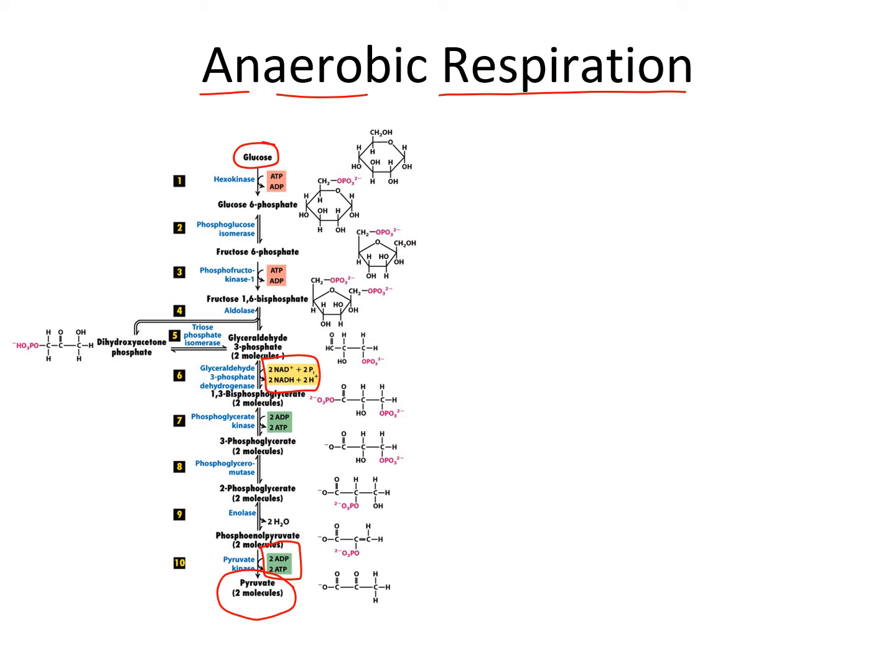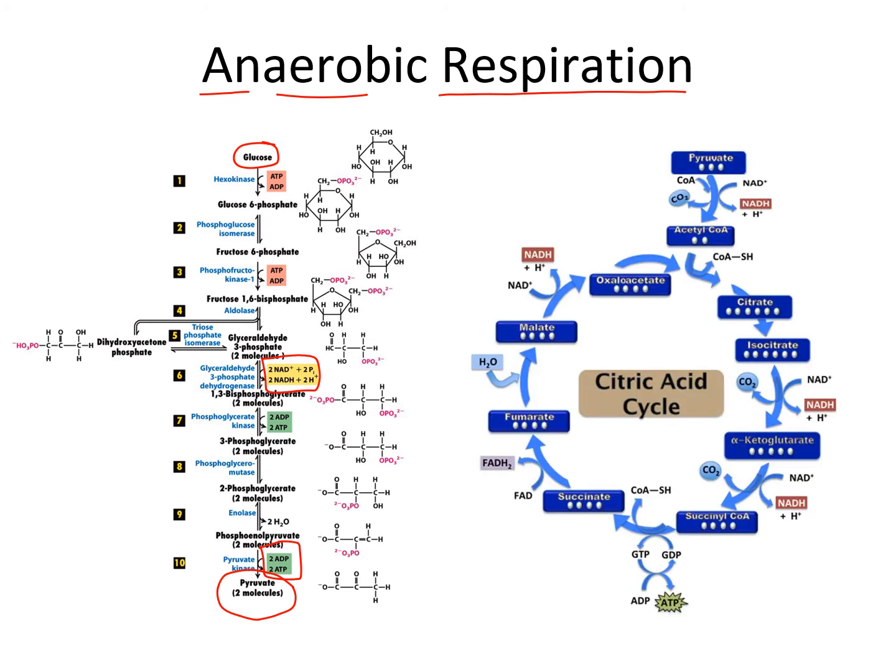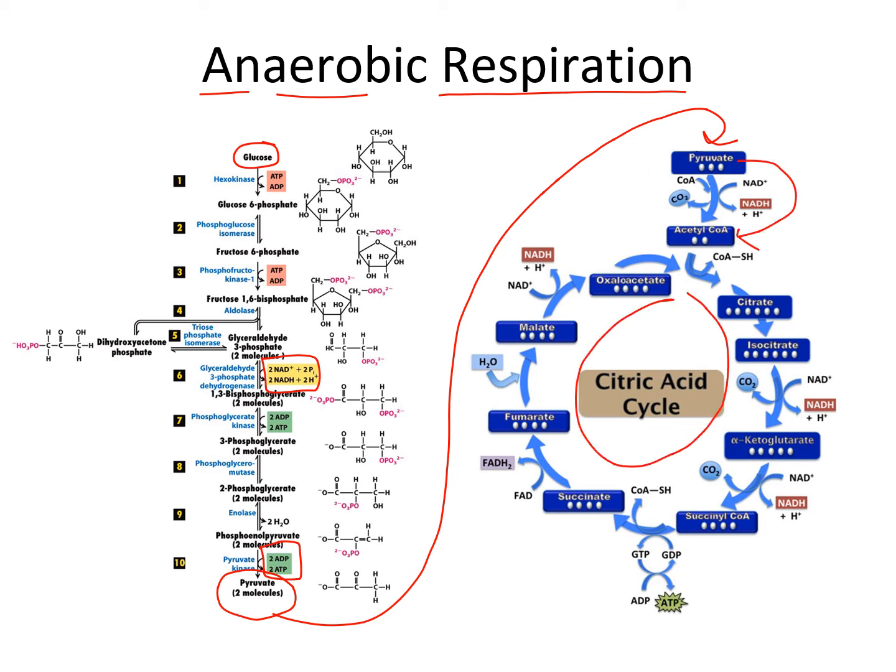Then those pyruvate molecules will go through the process of the citric acid cycle or the Krebs cycle. So the pyruvate will be converted into acetyl-CoA. It will run through the citric acid cycle, and in doing so, it will generate a little bit of ATP and also more electron carriers, NADH and FADH2, and also the waste product of carbon dioxide.